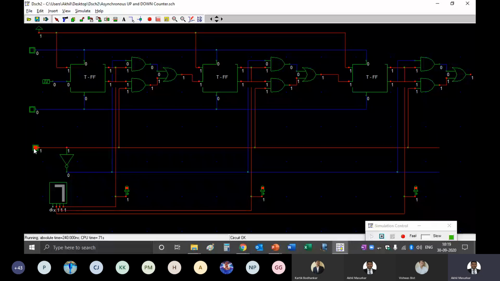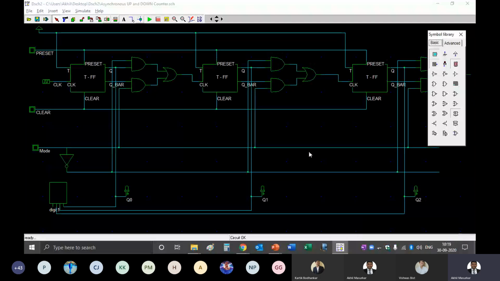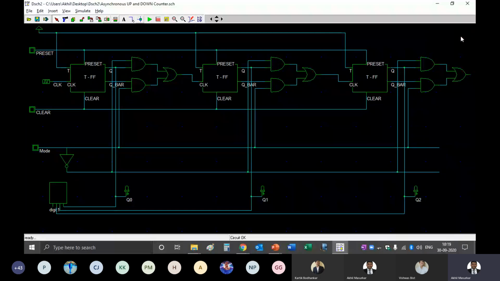So please copy this circuit, and once you are done with this, just write done in the chat box. I'm just stopping the simulation so that you can see all the values.